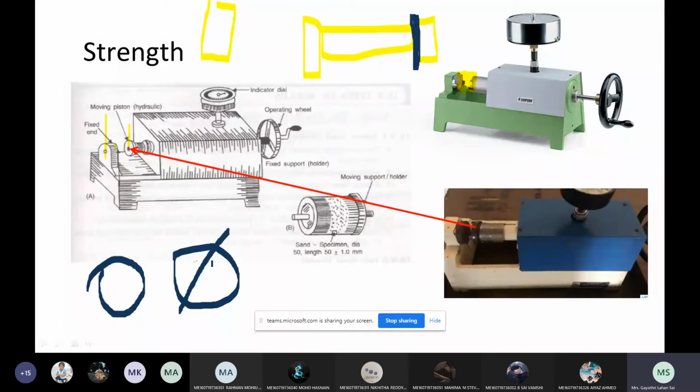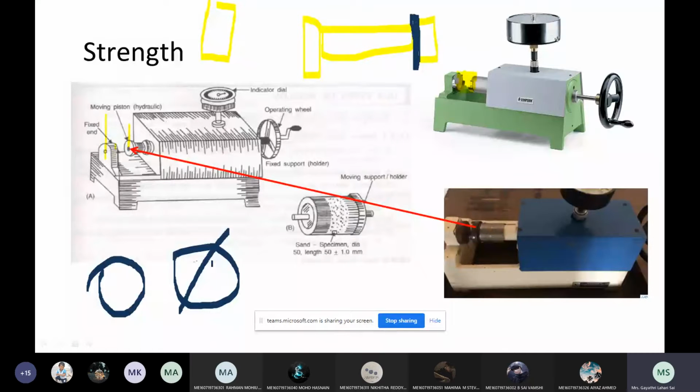Then the next one is the green shear strength. The same thing. You remove that adapter and you fix the shear plate, right? So the step shear plate, you will fix it. And the stress required to shear the specimen along the axis, you call it the shear strength.